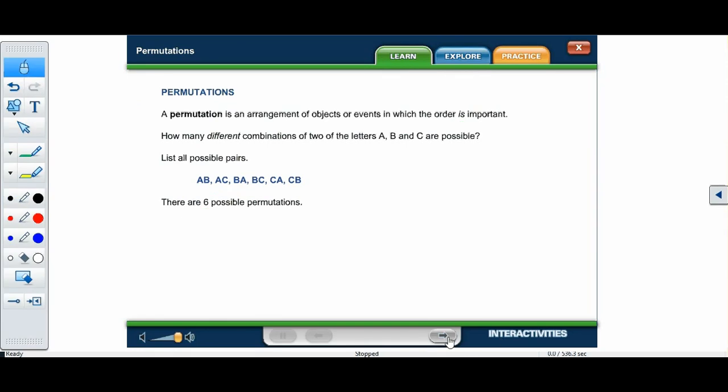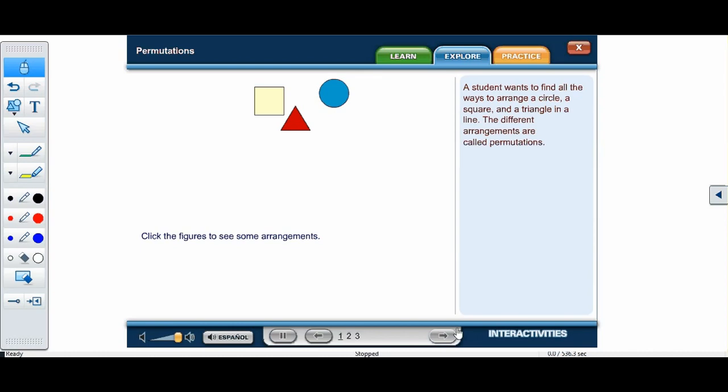Let's listen to what they've got. A student wants to find all the ways to arrange a circle, a square, and a triangle in a line. The different arrangements are called permutations. Click the figures to see some arrangements. Because if it wasn't a permutation, it's the same 3 shapes, it wouldn't really matter.